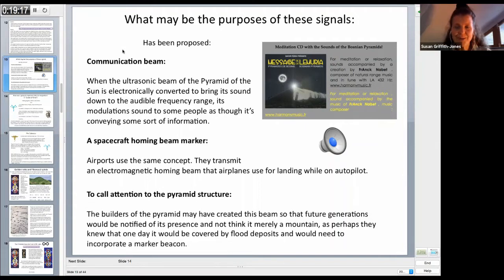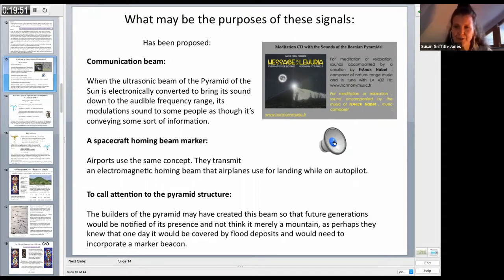And now they actually managed to record the sound of the pyramids. The reason I'm using this different format today is so I could play this to you. This comes from a CD called Message of Lemuria, made by a French guy who used recordings of the sound waves emitted from the different pyramids in the Bosnian complex, but also added some of his music to it.